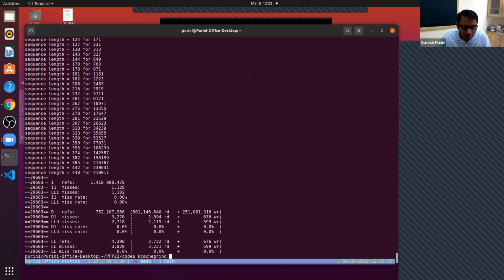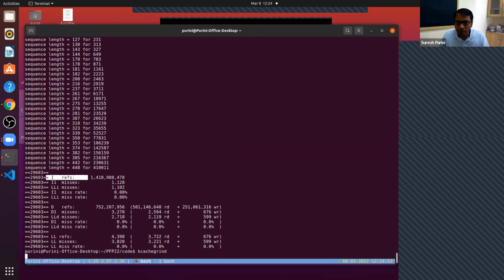It assumes some instruction set, some memory hierarchy, and it is giving the cache misses also. You can see the number of last level references, how many misses, how many hits, all this information also we can get.